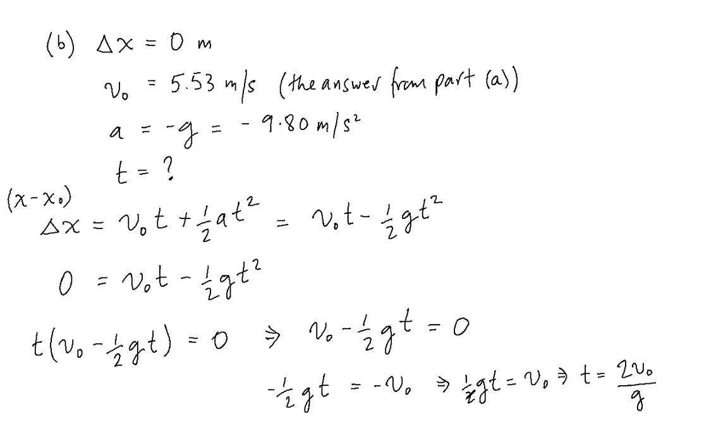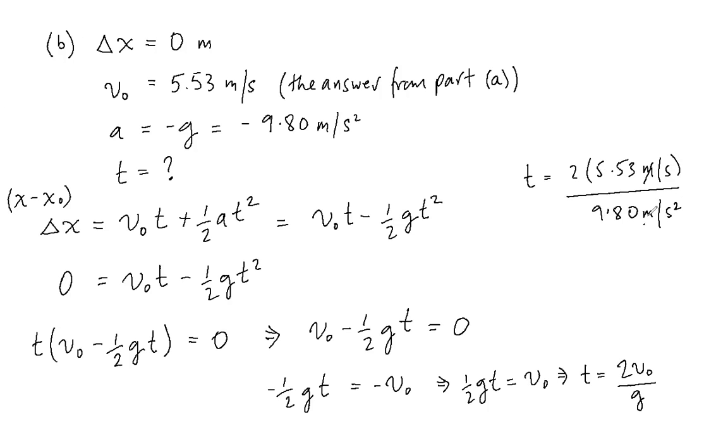So if we plug in the numbers here, we plug in 5.53 for v0 and 9.8 for g. I'll squeeze this in up here because I ran out of room. So this says that t is equal to 2 times 5.53 meters per second divided by 9.80 meters per second squared.